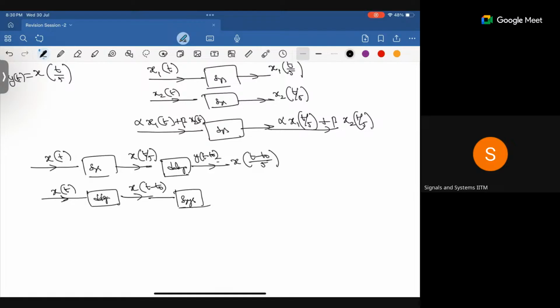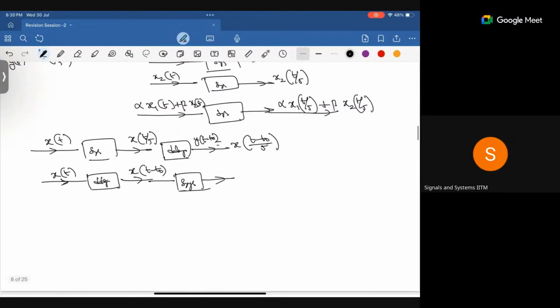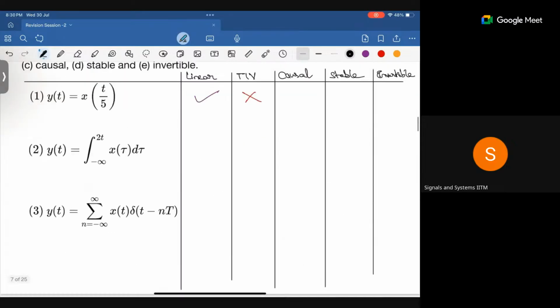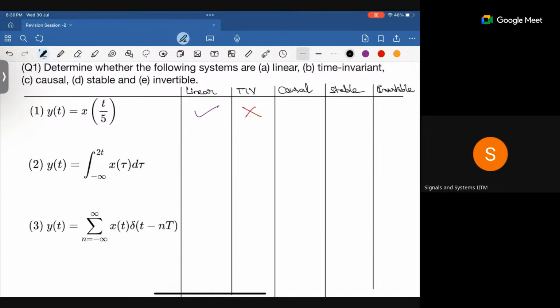It just does the scaling. So scaling will only affect the time axis t. So t becomes t by 5. That's it. So the t naught will stay as it is. Right. So these two are not equal. Therefore, the system is not time invariant.